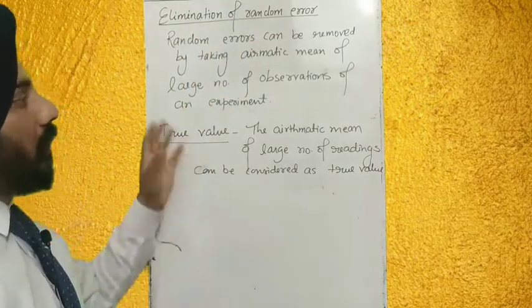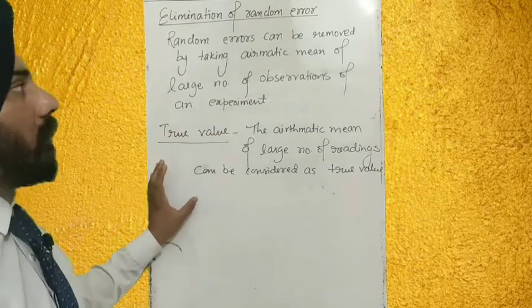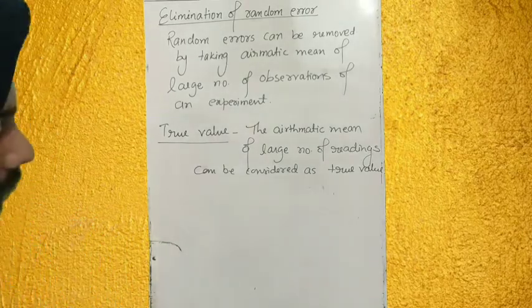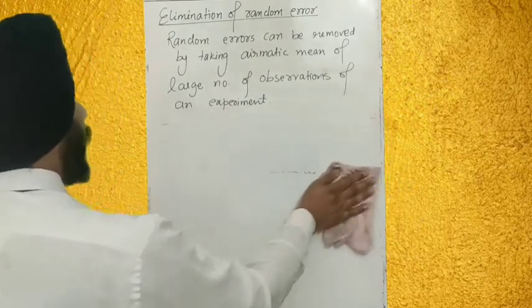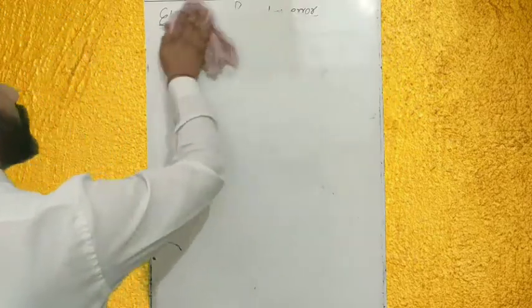On the basis of this method, I am going to explain some more terms which are related to errors. Here I will explain what is true value, what is absolute error, what is mean absolute error, what is fractional error, which we call relative error, and what is percentage error.